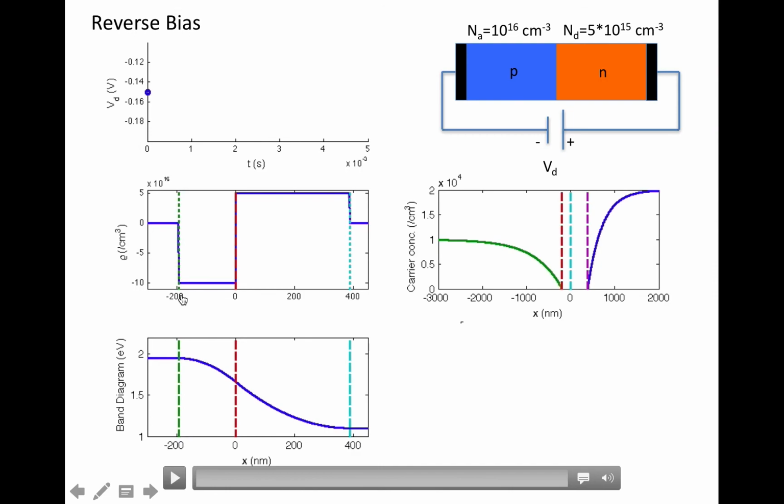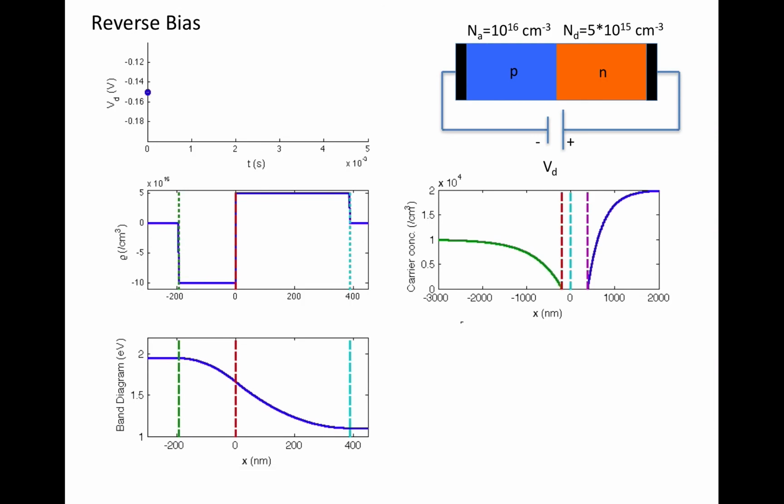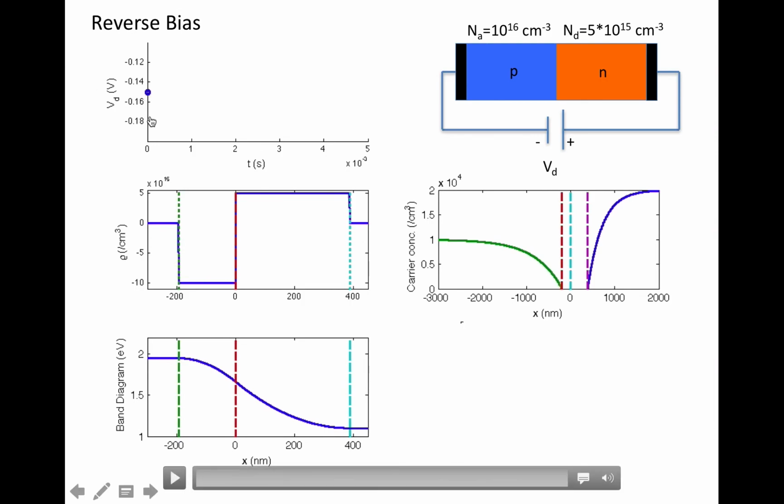Again, the same thing. Now we are plotting how the depletion width and the carrier concentration change as we apply an AC voltage on top of a DC voltage of minus 0.15 volts. So this PN junction diode is reverse biased, and on top of the DC voltage we are applying a small AC voltage.